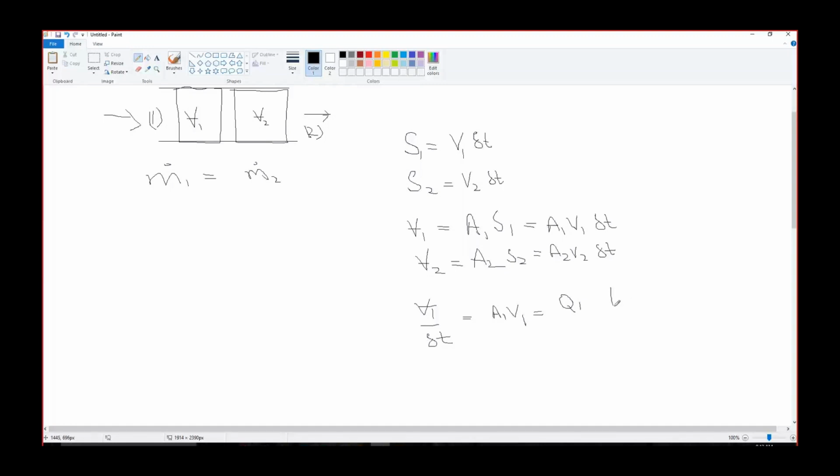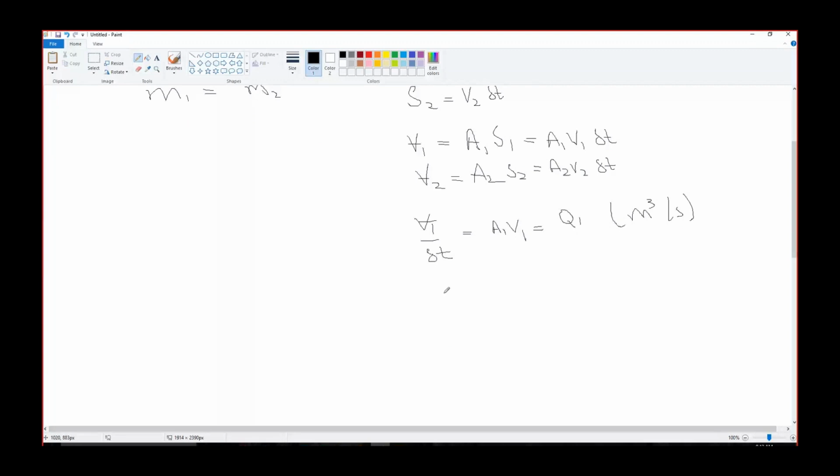This is volume flow rate, meter cube per second or feet cube per second. Clear? Similarly, V2 by delta T equals A2 into V2 and is represented by Q2. So volume flow rate is represented by Q in fluid mechanics. Clear?